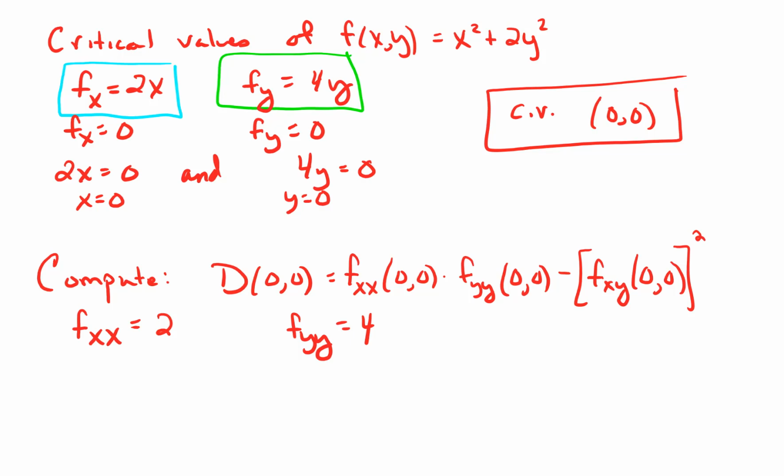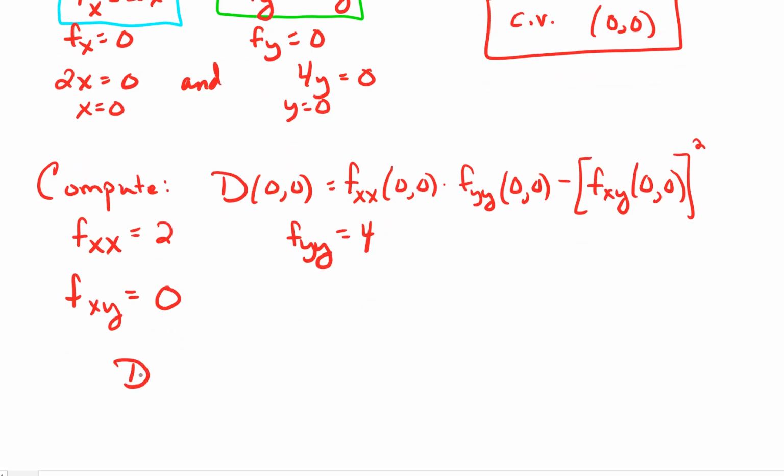And our mixed partial, if I do the derivative with respect to x and then with respect to y, or the other way around, by Clairaut's theorem, that's just 0. So D evaluated at 0, 0 is just going to be the constant function 2 times the constant function 4 minus the mixed partial, so that's 8.